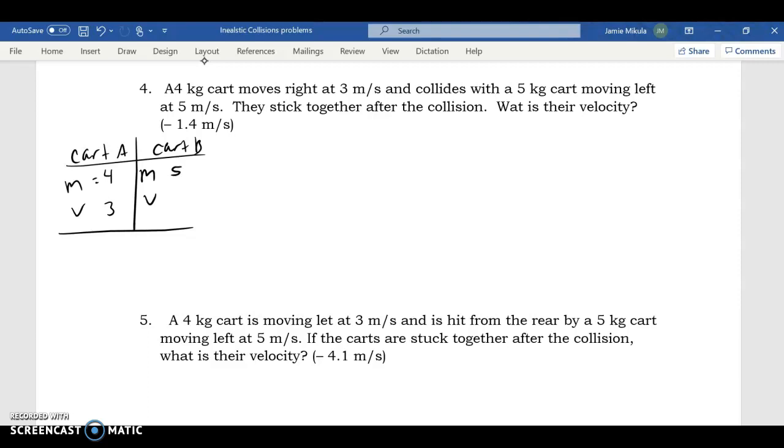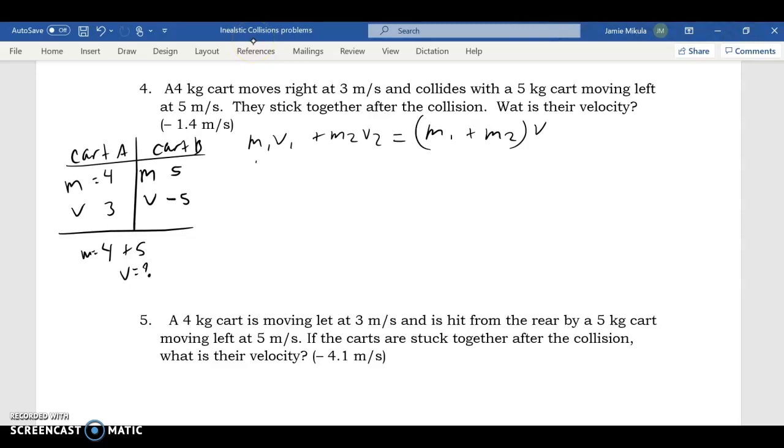Mass of cart B is 5, moves to the left at 5. So that'd be negative 5. They stick together, so I'm going to do 4 plus 5, and then we want to know the velocity after. m1 v1 plus m2 v2 equals (m1 plus m2) v.